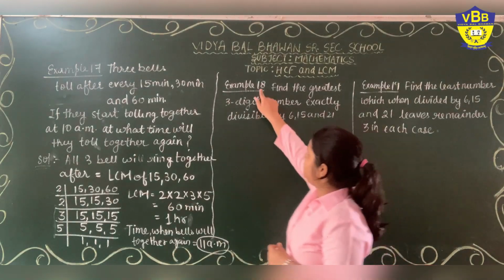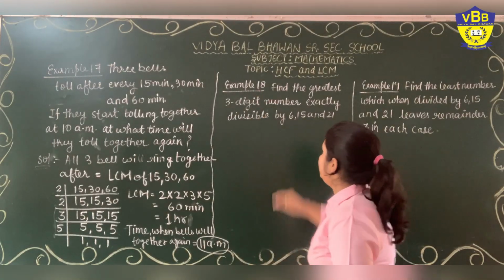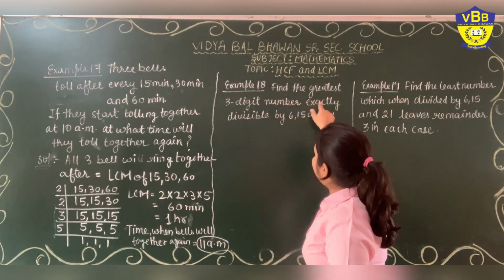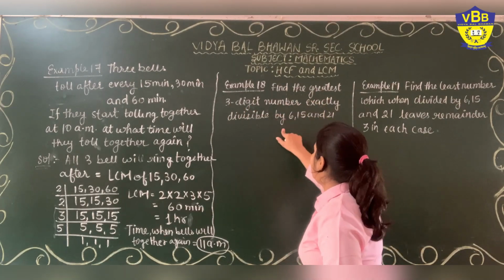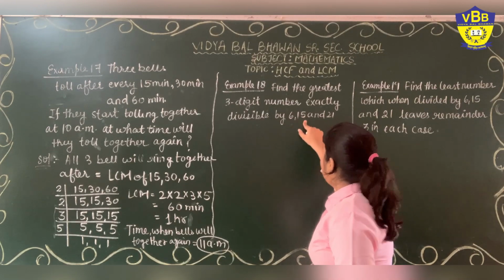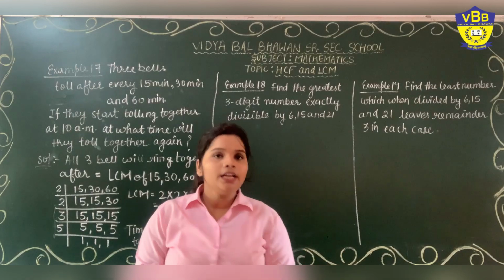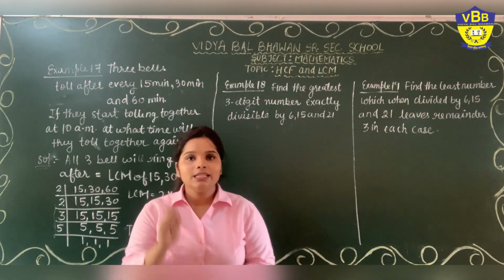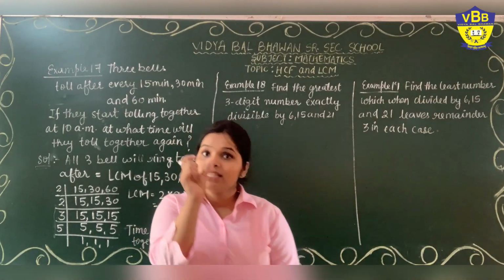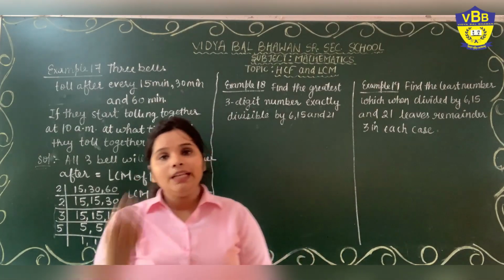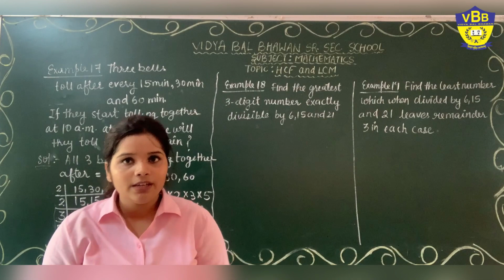Next one, example number 18, that is saying find the greatest 3-digit number exactly divisible by 6, 15 and 21. As I have already told you, the LCM is the number, the dividend basically, which will be completely divisible by the given numbers.